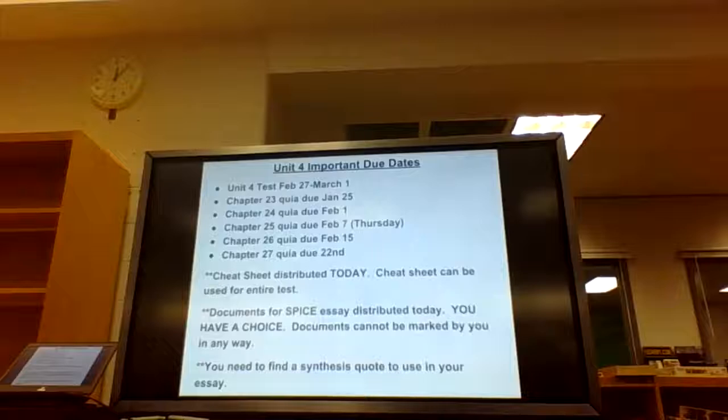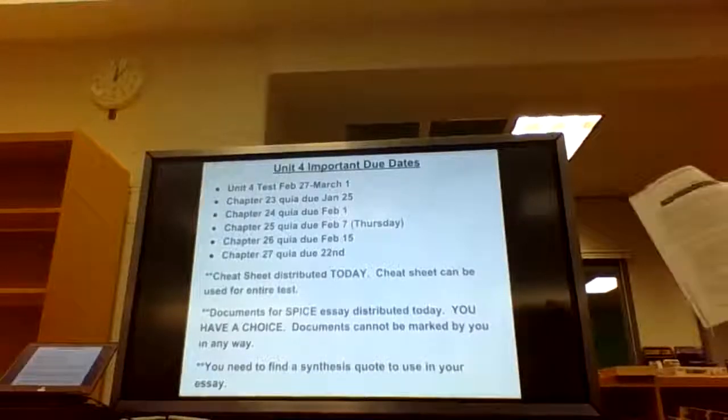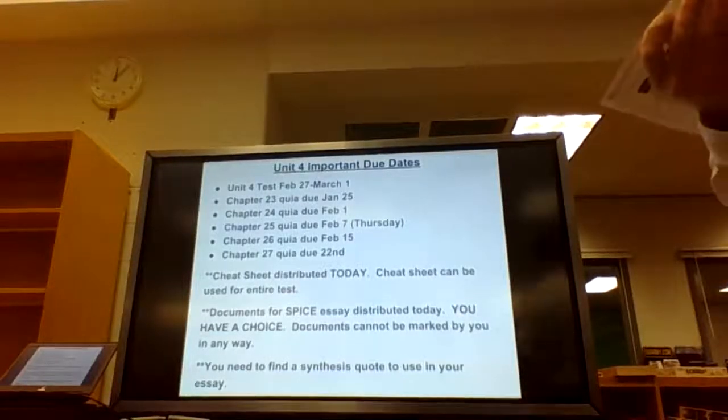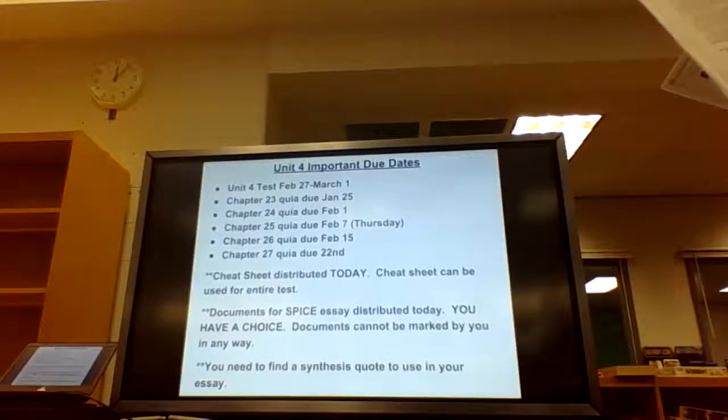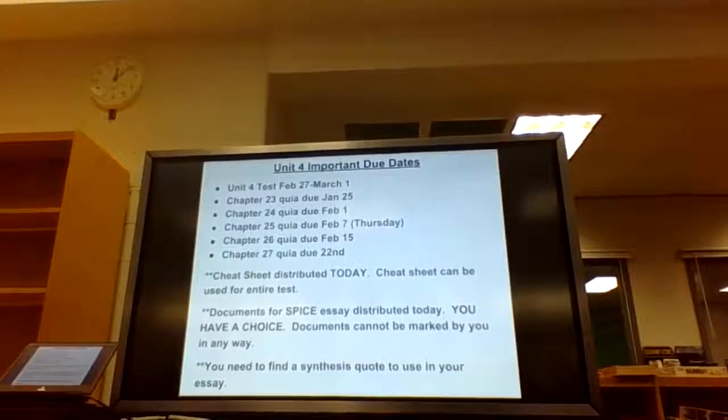Social, S, political, P, international, I, cultural, C, and economic, E: SPICE. And you have to pick 3 of them. Any 3. You can pick ICE or PIE. I don't care. Pick 3.